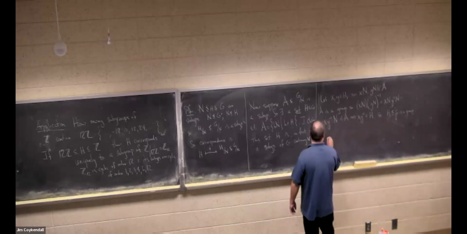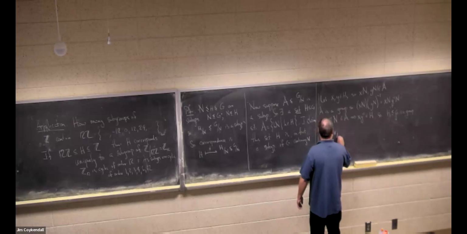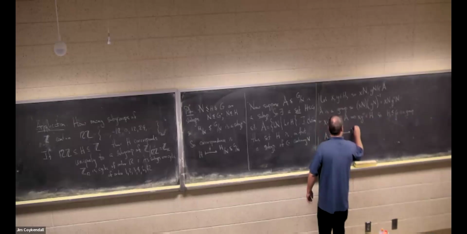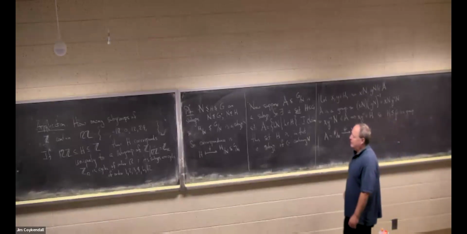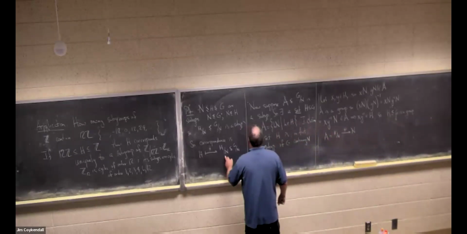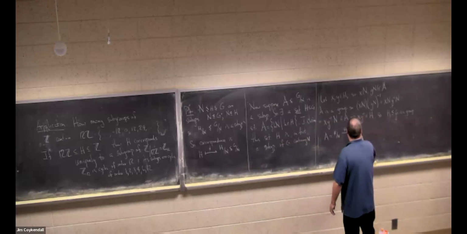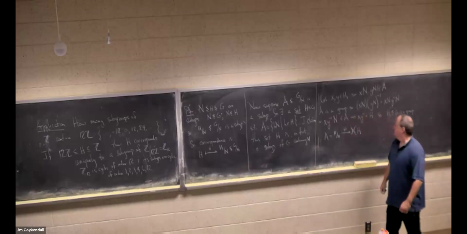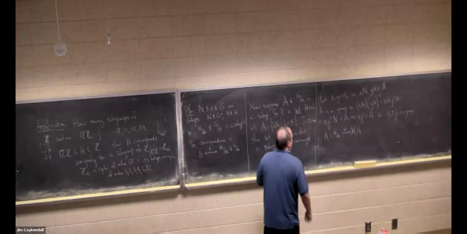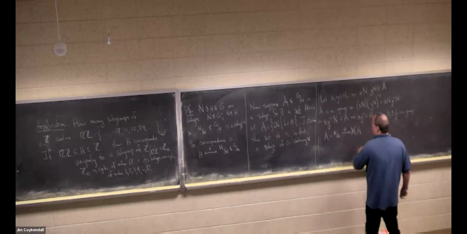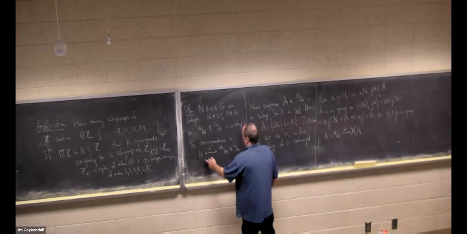I'll call that correspondence phi. Notice it's an easy check that if you start with H, go to H mod N, and then apply phi, this goes back to H. And if you start with a subgroup of G mod N, go to H, and then do the other part of the correspondence, you come back.